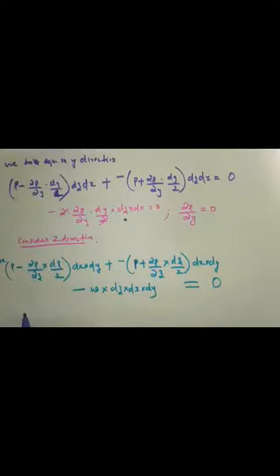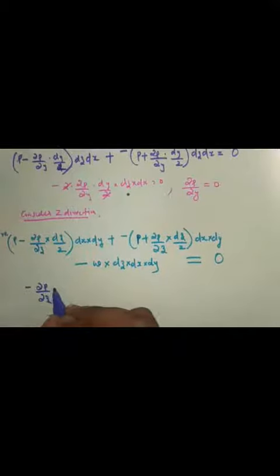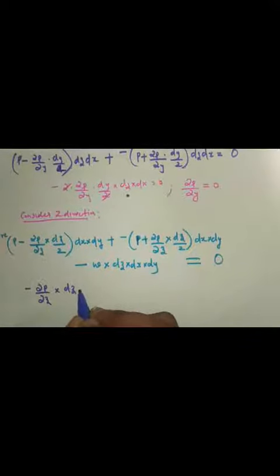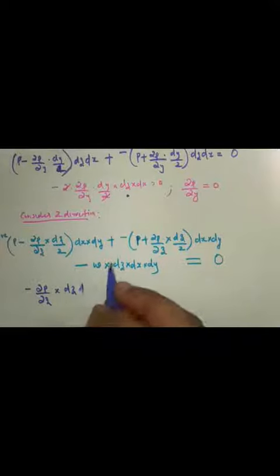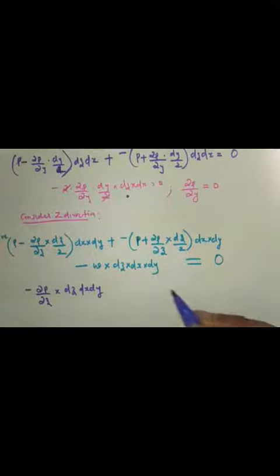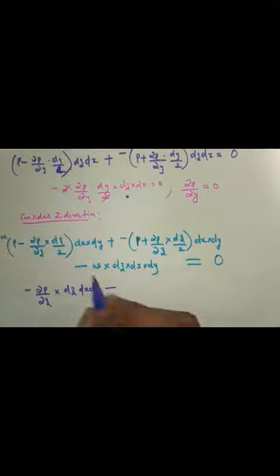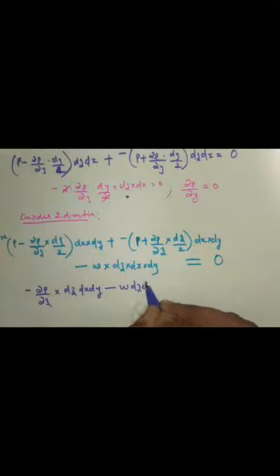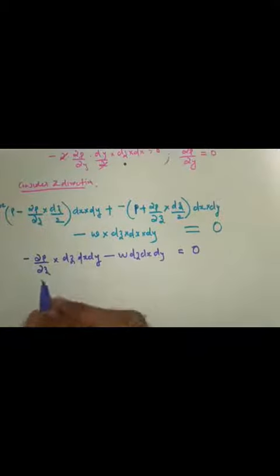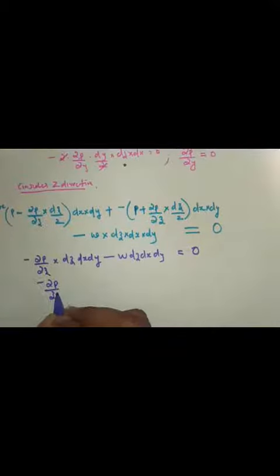So it becomes minus dou p by dou z into dz dx dy, minus w dz dx dy, equal to 0.